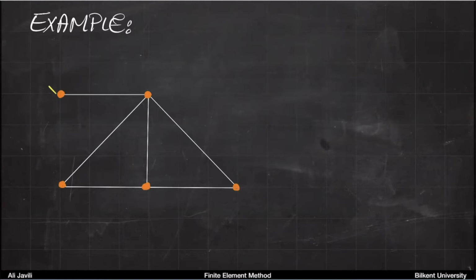Let's assume there is a fixed support here, or a hinge. Another one here. Okay, there is a hinge there. And then we put a roller here.